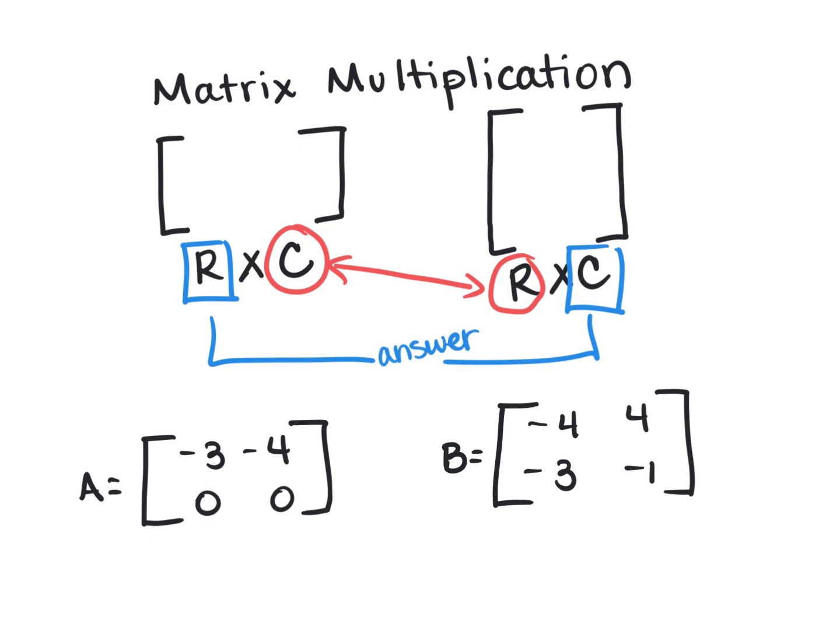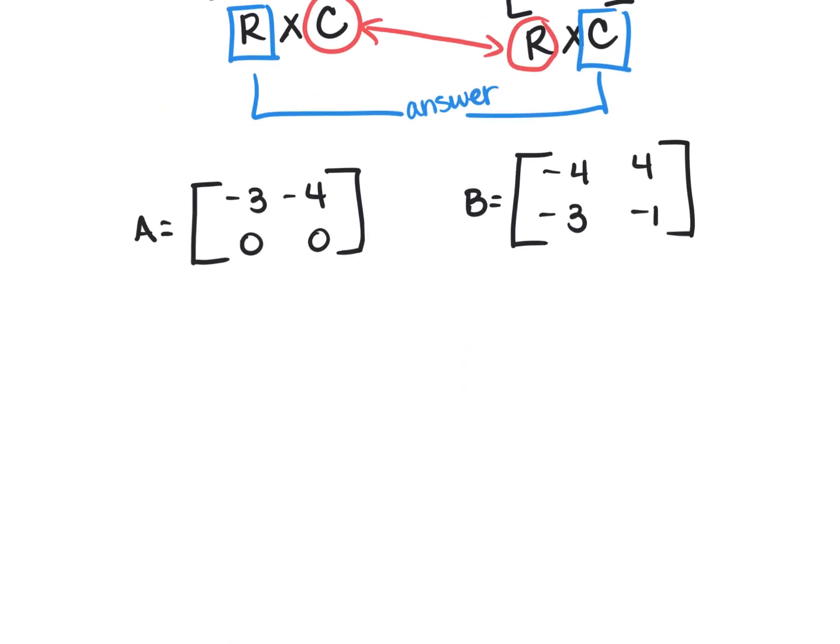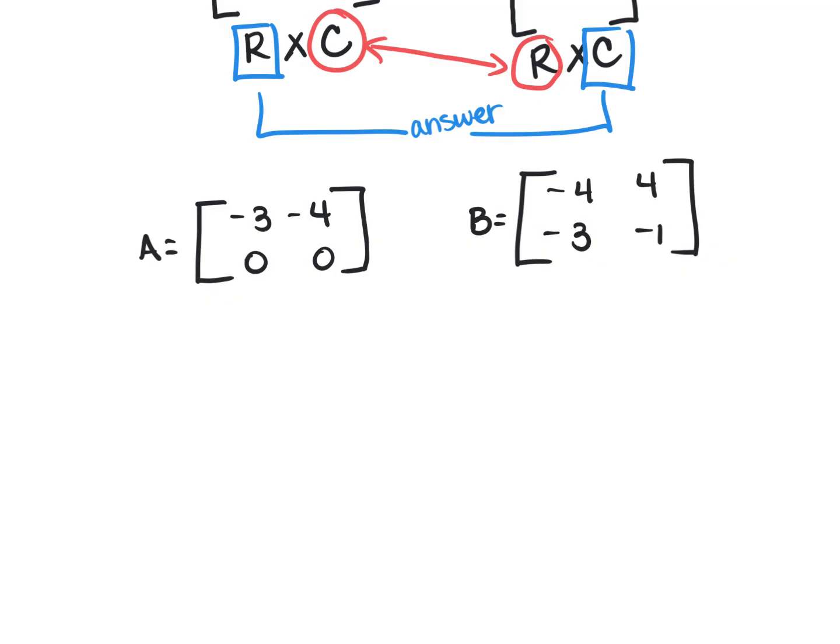So for this first example, I've made it very simplistic so that you have a 2 by 2 times a 2 by 2. And the way this works is very specific. So if I'm going to do A times B, then what I'm going to do is take this times this. That's my first one.